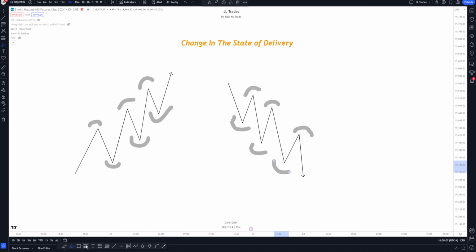So when this happens in the market, which is just the nature of the market, how do you identify when this can change? For example, in the bullish example, how can you identify when this will change to bearish? Well, the first sign we'll probably get, and this is where changing the state of delivery happens, you will have a higher time frame POI here.